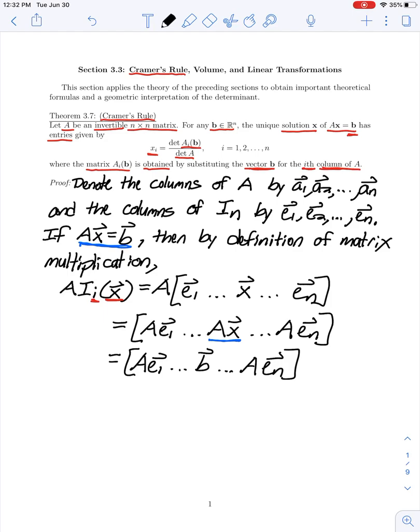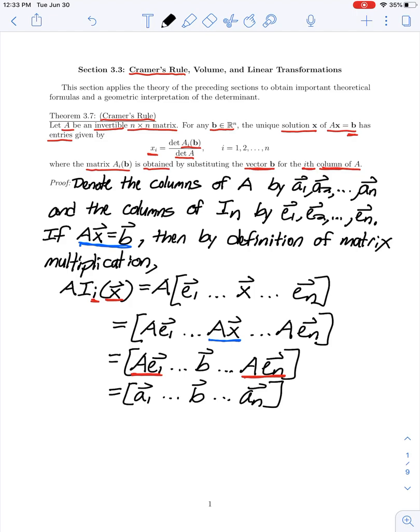Now, if we're taking the product of a matrix A with one of the columns of the identity matrix, then A times E1 would give us just the first column of the matrix A, up through, for our ith column, we have b, and then for A times E sub n, we would have the nth column of the matrix A. This follows directly from the definition of those column vectors E1, E2, up through En.